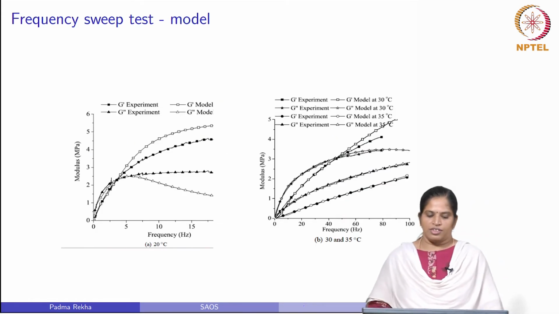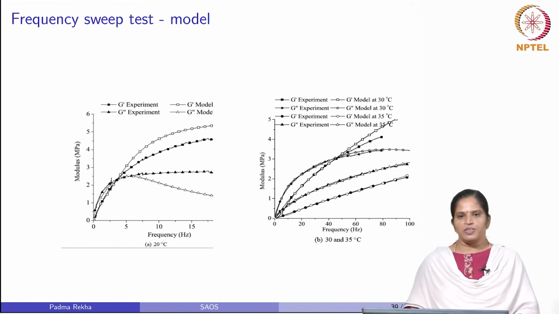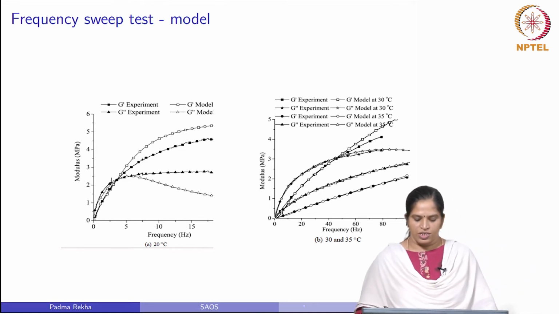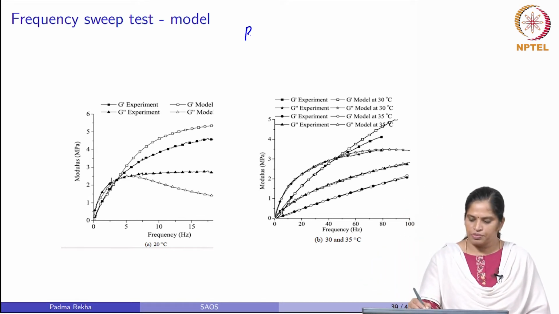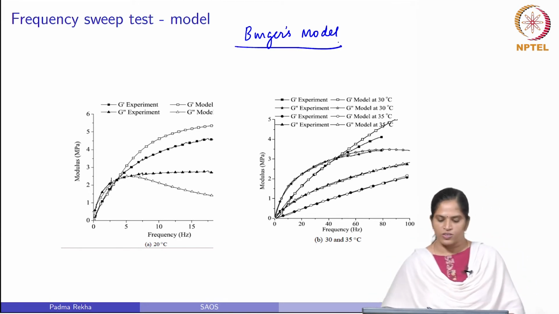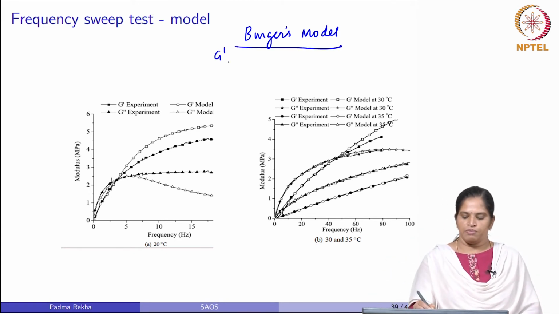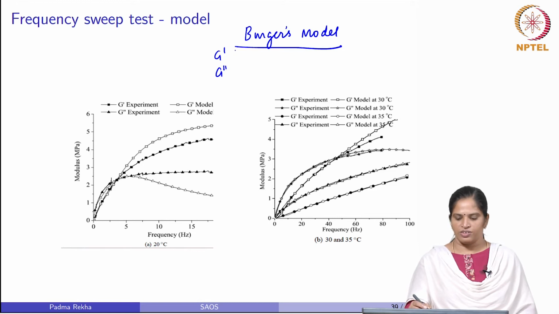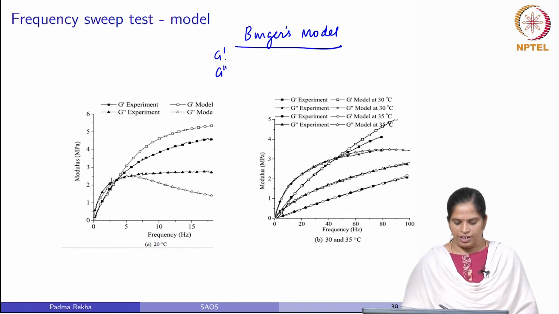So, this is a frequency sweep test experiment, and it is compared with a model. The model used here is a Burgers model. You know the Burgers model relations for G prime and G double prime. We have already obtained those relations and seen them in the last lecture.